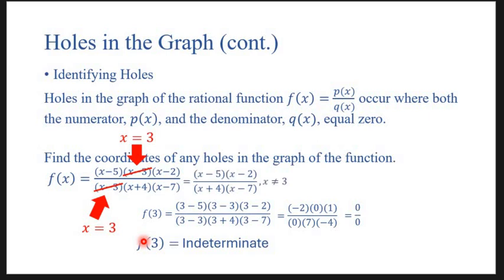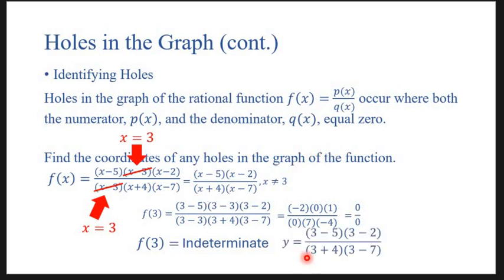And once I cancel it out, I get this other function, remembering that the original function f of x cannot have 3 as an x value because 3 is not in the domain. I have to state that, but the expression that I have here actually will take 3 as a value. So I'm going to use this expression to find out where the hole is, even though the original function doesn't have 3 in its domain.